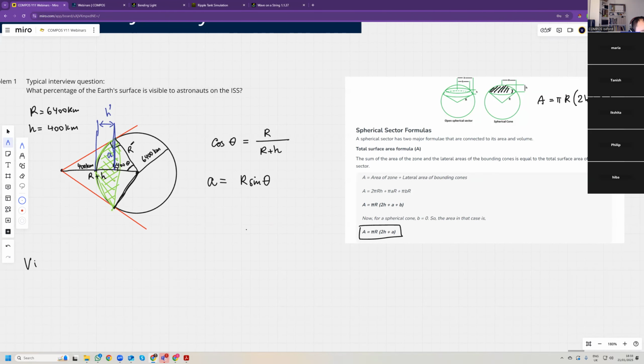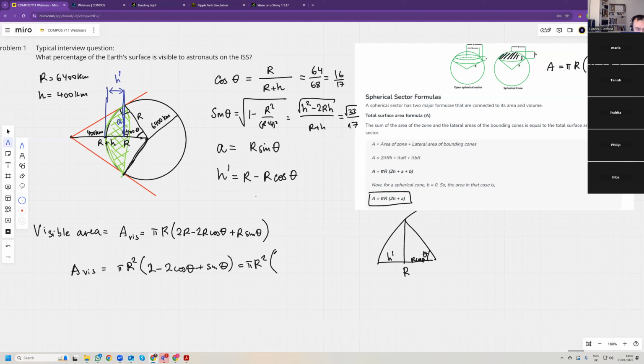Okay, the visible area is pi r squared multiplied by 2 minus 2 cos theta plus sine theta, which is pi r squared multiplied by 2 minus 2 times 16/17 minus root 33/17, square bracket.